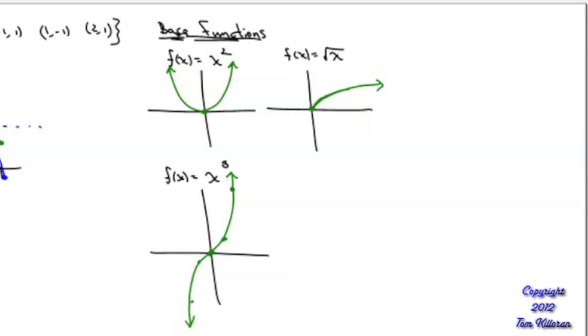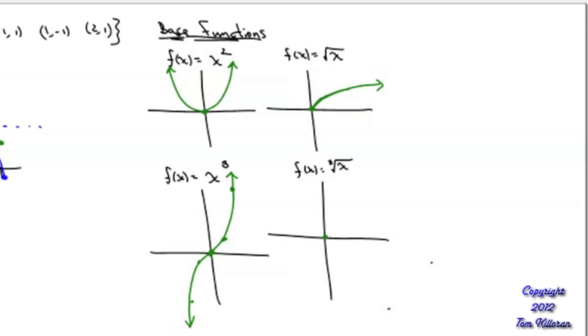All right, how about, I'll put this one up here. f of x equals the cube root of x. Can you take the cube root of 0? Yes. Cube root of 1?